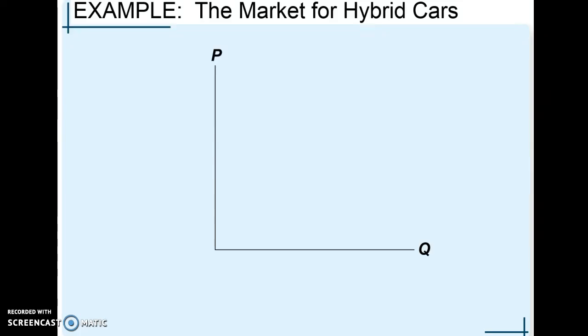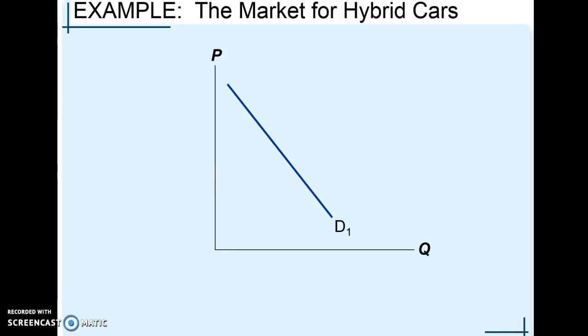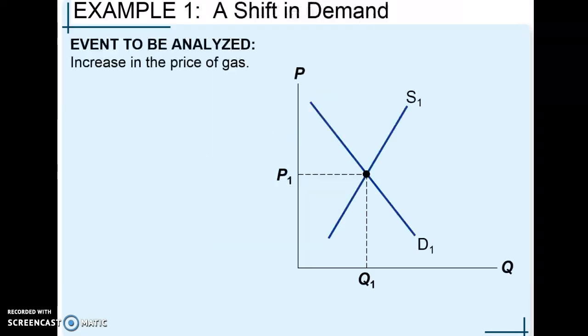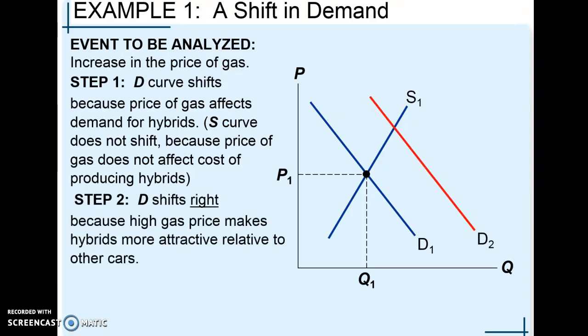Here's an example: the market for hybrid cars. If we have a supply and demand diagram, what's going to happen if we have an increase in the price of gas? The demand curve is going to shift because the price of gas affects the demand for hybrids. The supply curve will not shift because the price of gas does not affect the cost of producing a hybrid.